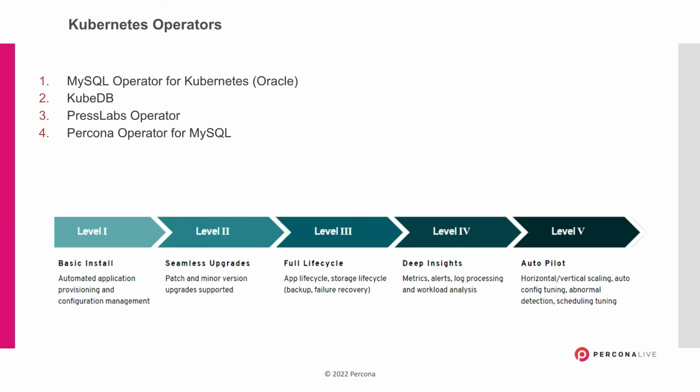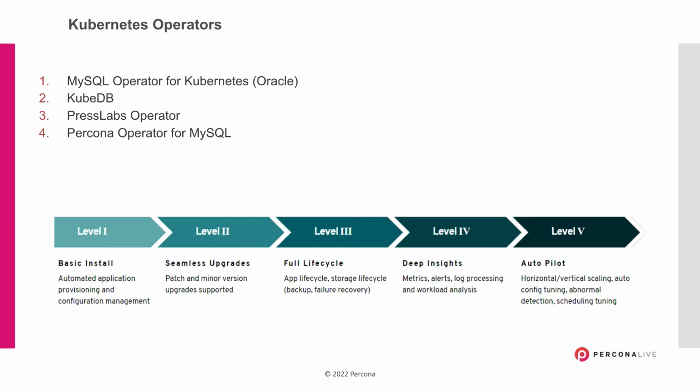And operators in general can be categorized by levels. This is something that comes from Red Hat that aims to categorize operators, so you already know, if you look at some operator, what capabilities to expect, right?